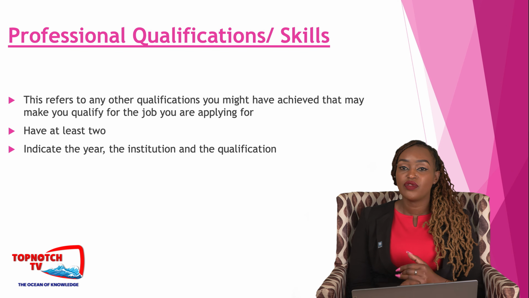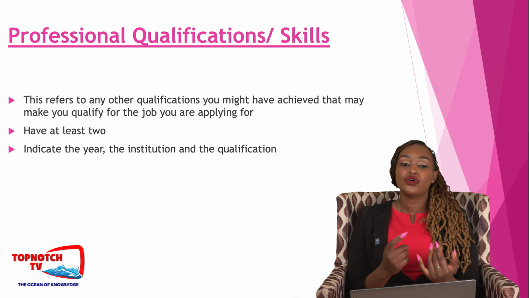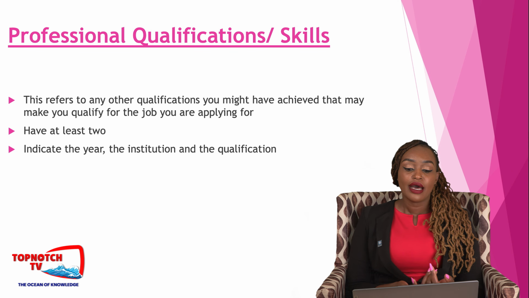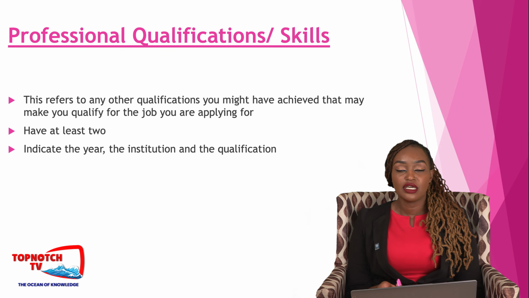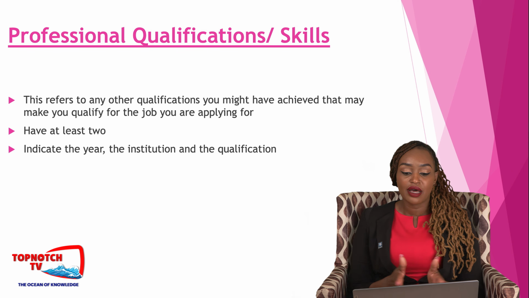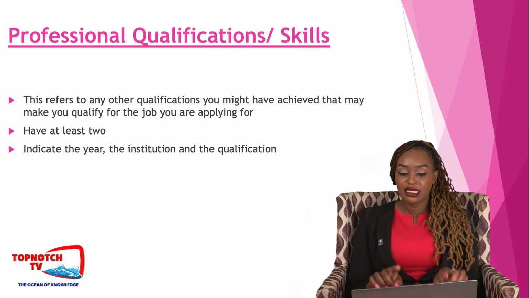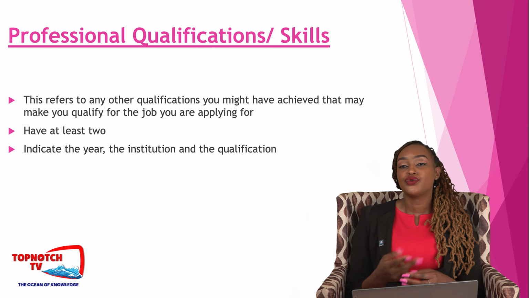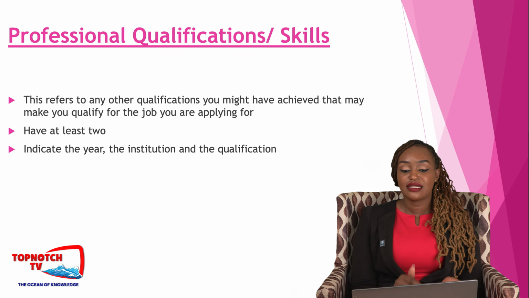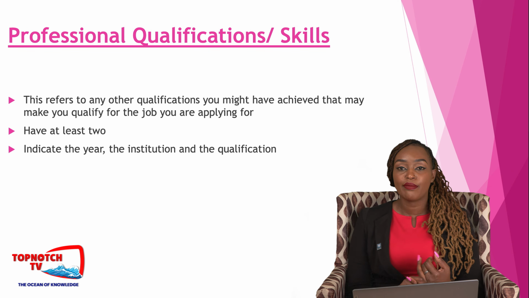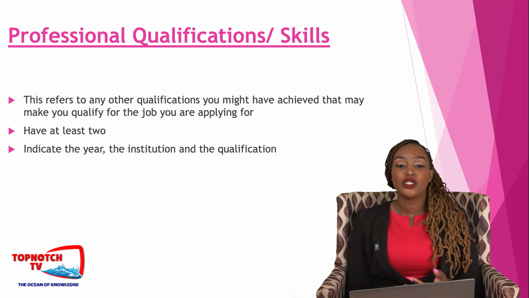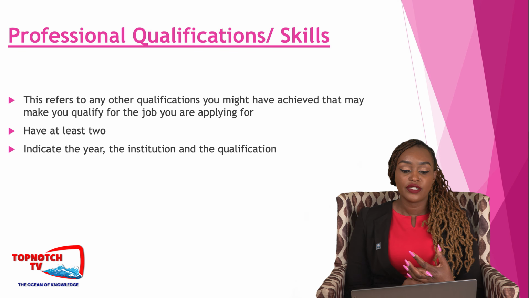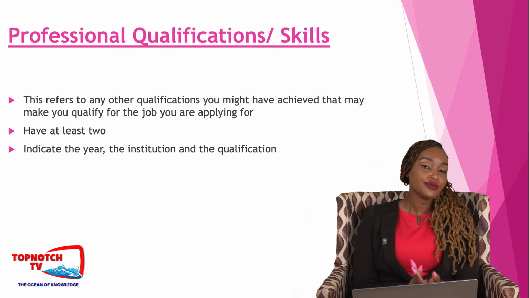So again, you have to give the name of the institution. So you can talk about a HR certificate from the University of Cambridge, and then indicate it. At least have 2 or 3, and then just list. This is qualification number 1. I have qualification number 2 and qualification number 3.